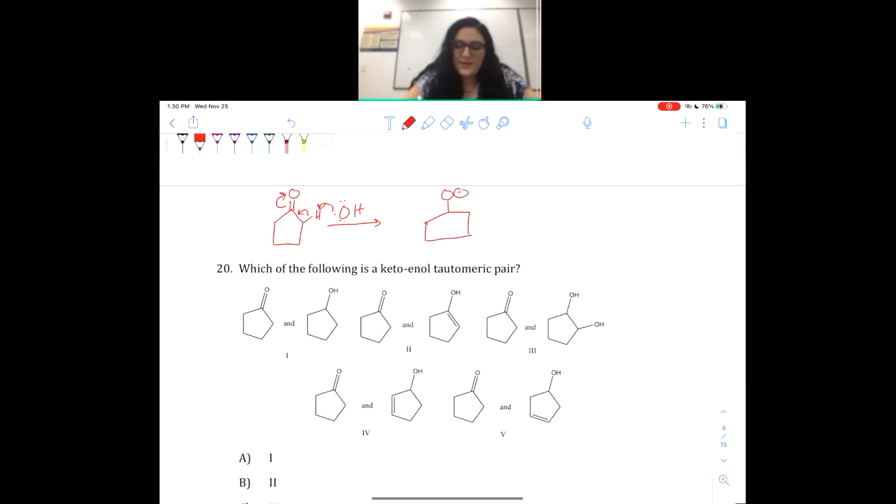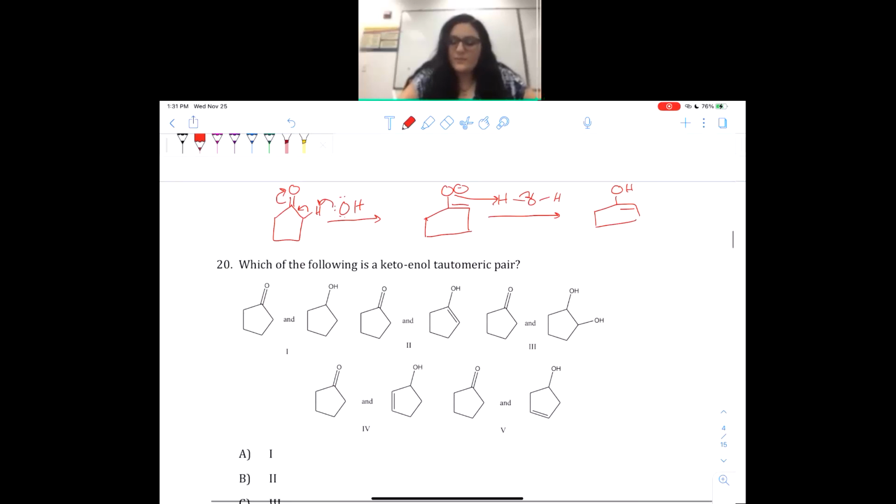So we have O minus, we made a double bond, and we're missing our hydrogen. And in the next step, we just protonate and we get this. So essentially, the ketone enol tautomeric pair is always going to go from whatever this R group is, to something that looks like this.